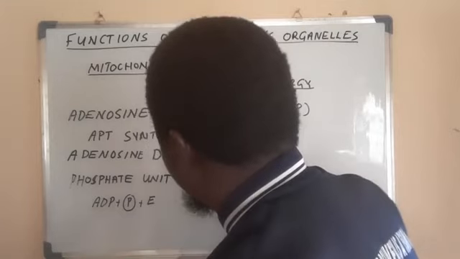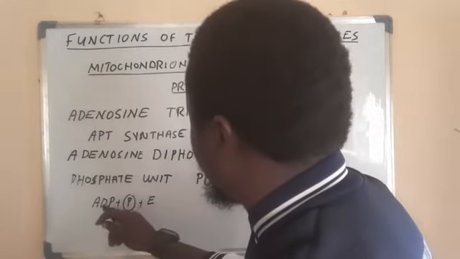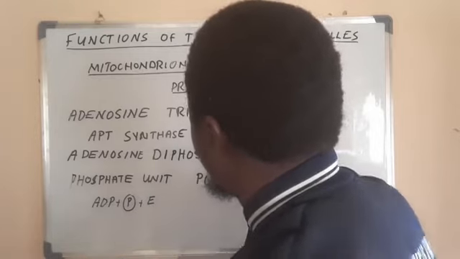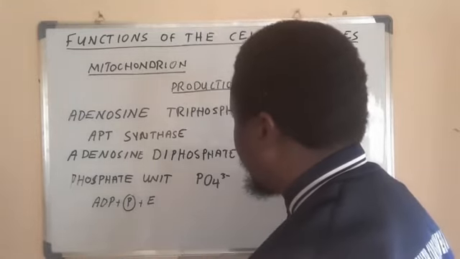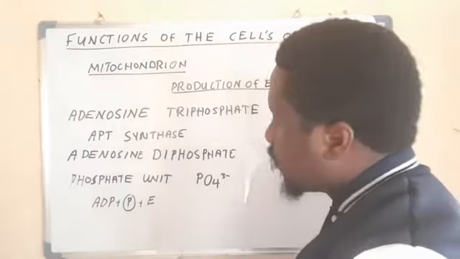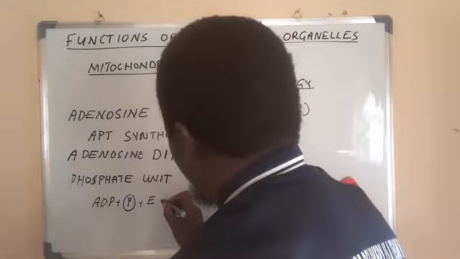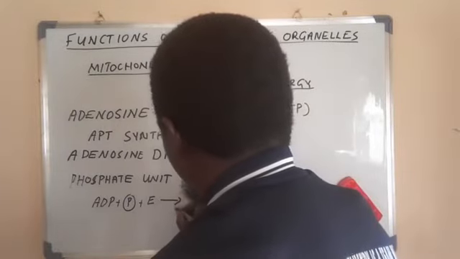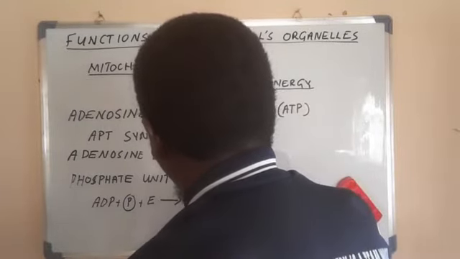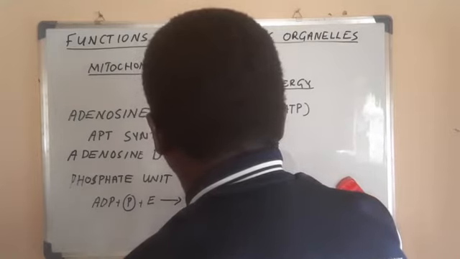So energy has to be present for the phosphate group to be added to the ADP by ATP synthase. So when this happens, there is going to be production of ATP and water.